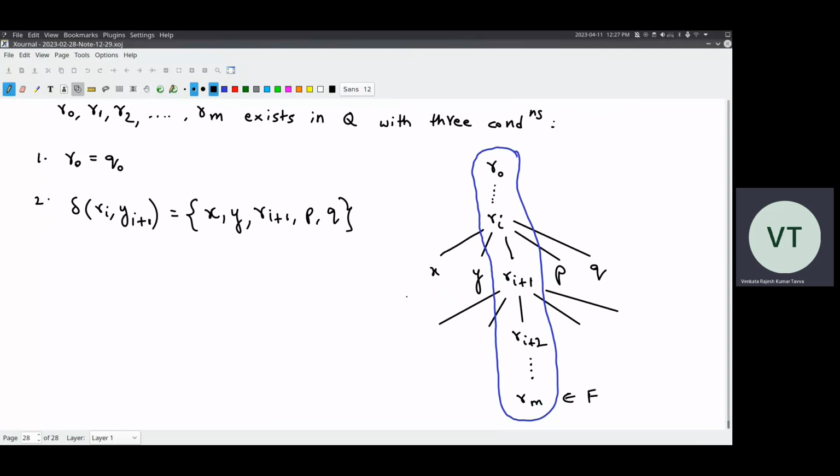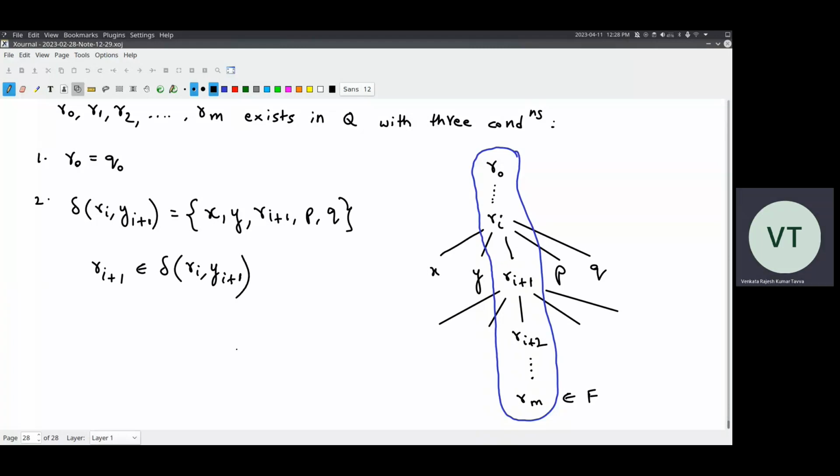Okay, so I don't think I'll get an answer. I know that Ri plus 1 belongs to the output set of delta of Ri comma omega i plus 1.